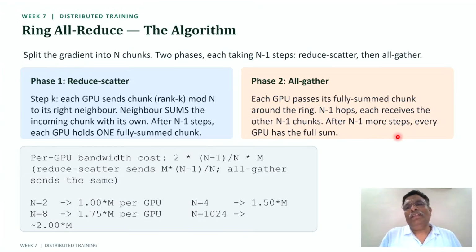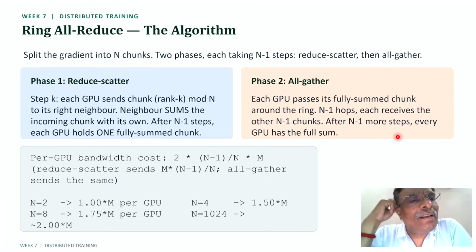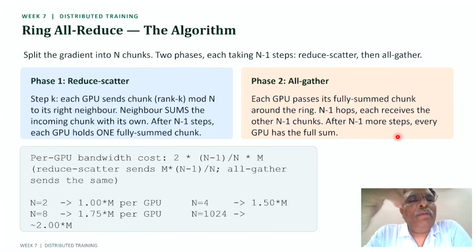There are two things which we do. One is reduce scatter, then all gather. In reduce scatter, each GPU sends the chunk (rank minus step k) mod n to its right neighbor. The neighbor sums the incoming chunk with its own. After n minus 1 steps, each GPU holds one fully summed chunk.